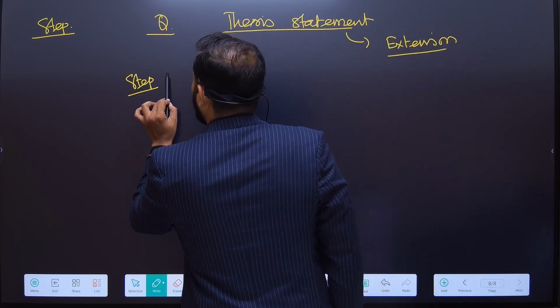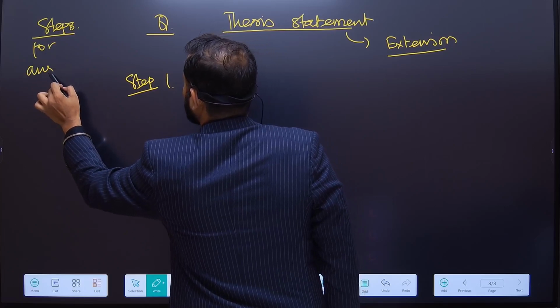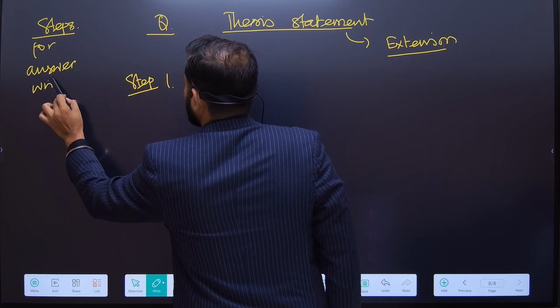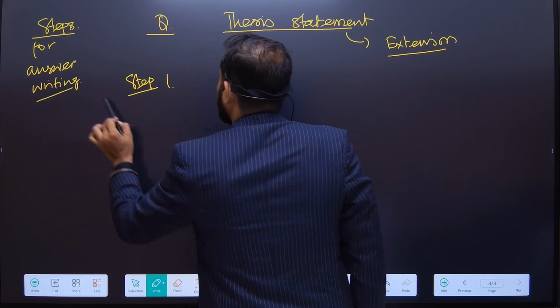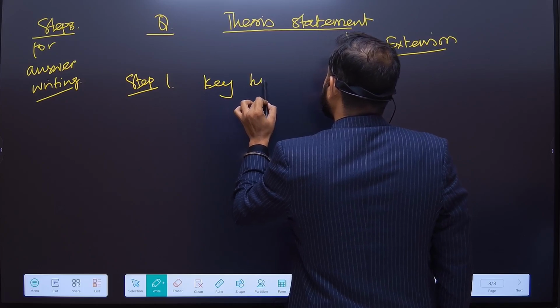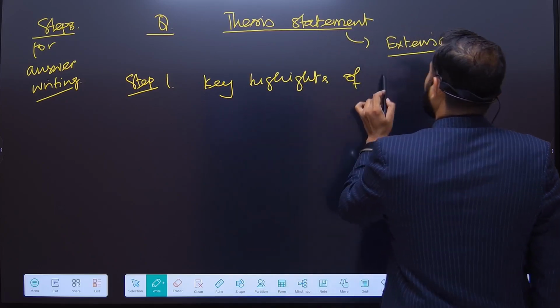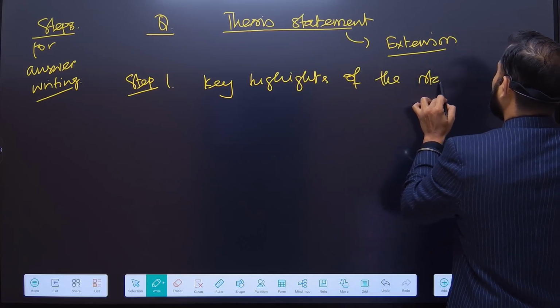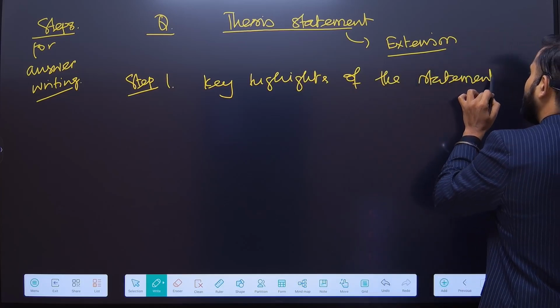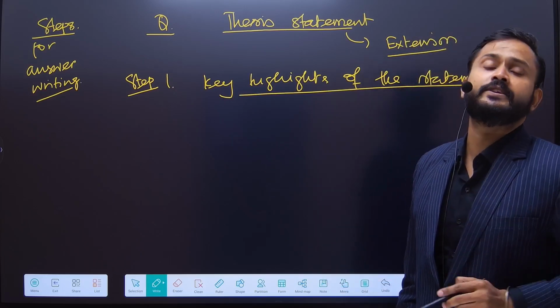Step 1. Key highlights of the statement. What will it help you to do? It will help you limit your answer. You will know what to write and more importantly, what not to write.